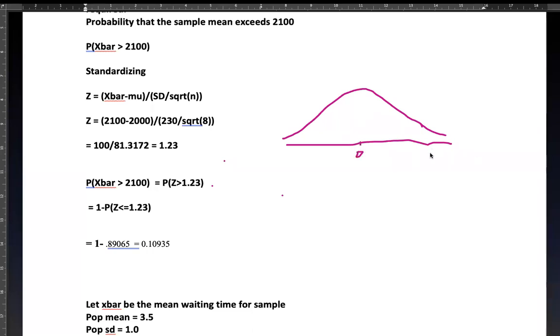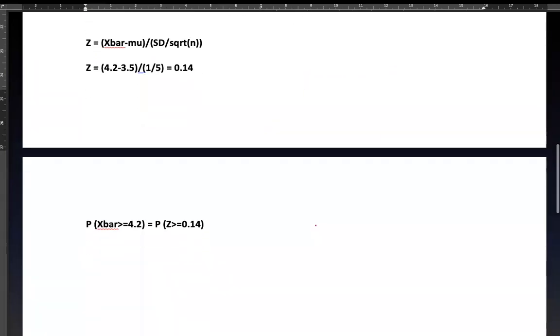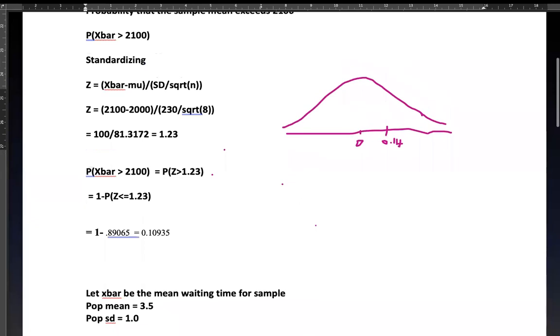Where's the 0.14? We are looking for the probability that Z is greater than or equal to 0.14. Where should the shaded portion be? At the right side of 0.14.